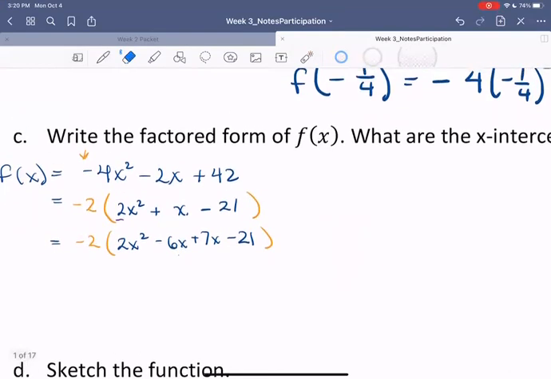All right, so now I'm going to look at what I have in chunks. I'm going to look at this first chunk here and notice, is there anything I can factor out of each term? Awesome, I can factor out a 2 from the 2 and the 6. And I can also factor out an x from the x squared and the x. So we're going to factor this as follows. So I have my -2.